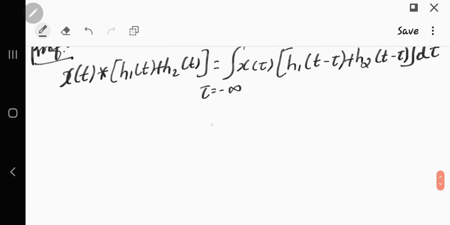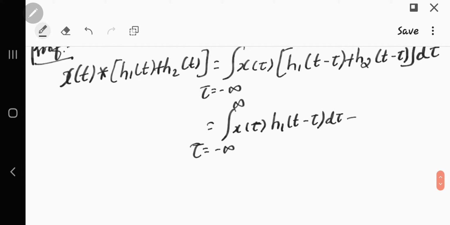So let's go for further simplification. Tau is equal to minus infinity to plus infinity, x of tau h1 of t minus tau d tau plus integral of tau is equal to minus infinity to plus infinity, x of tau h2 of t minus tau d tau.